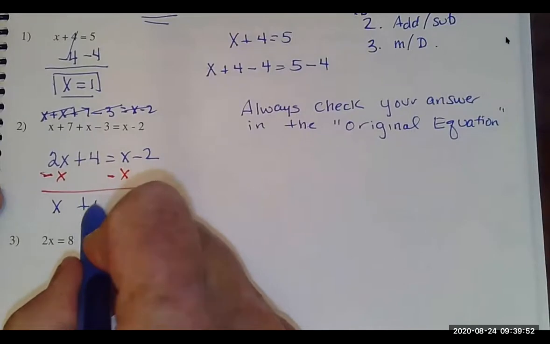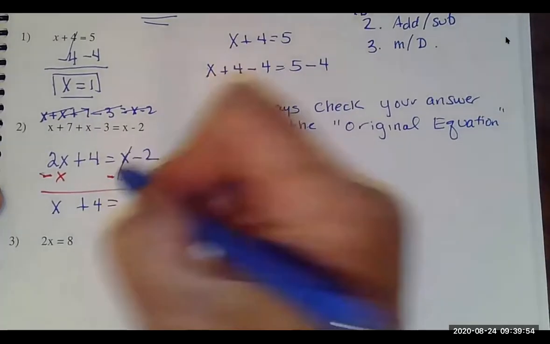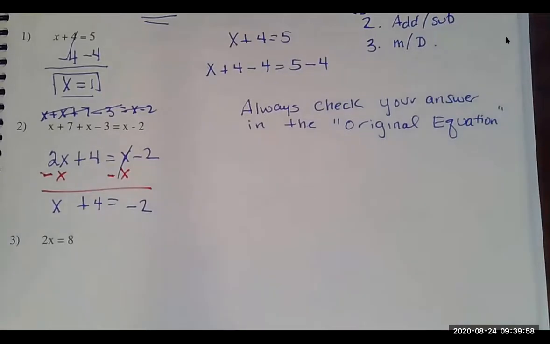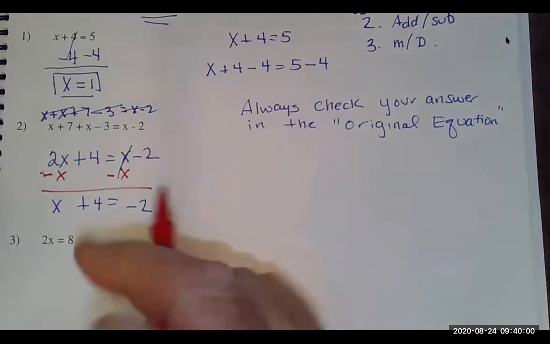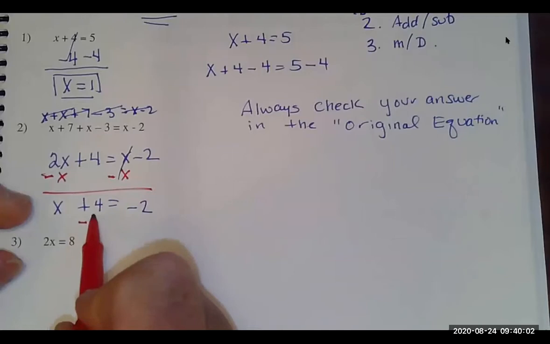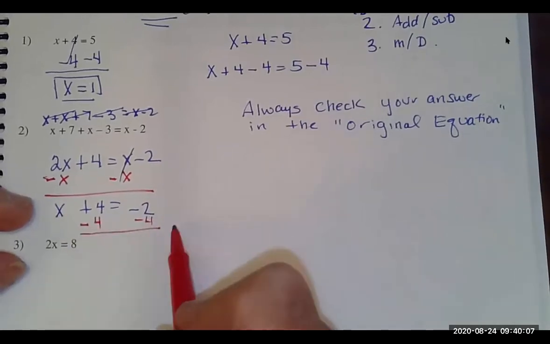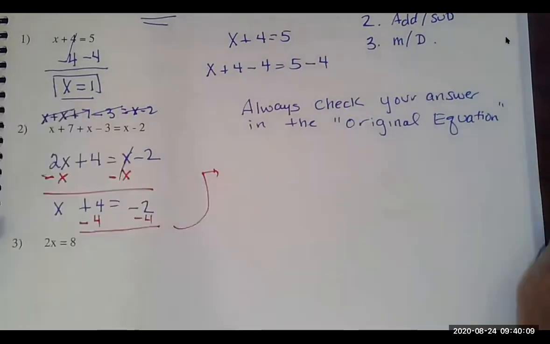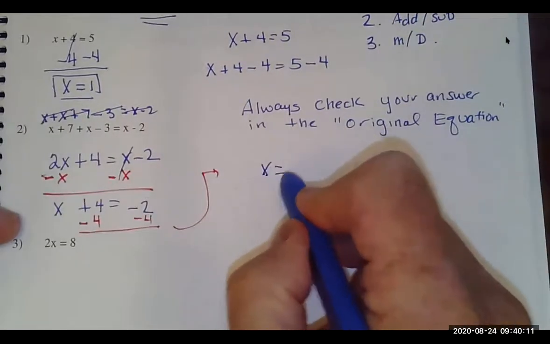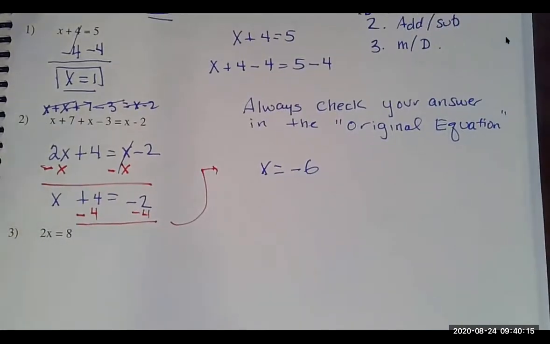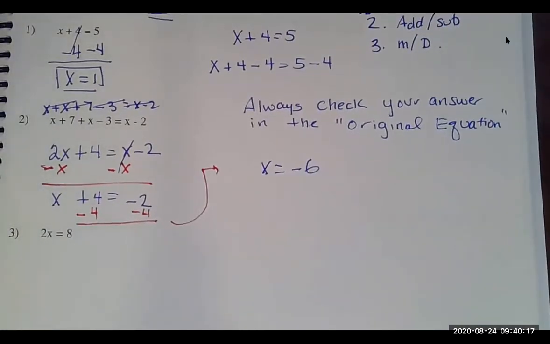And then plus 4 is equal to, well, that's gone. Subtract 2. And then looks like a pretty easy idea for you guys. Subtract 4, subtract 4. And then ultimately you get x equals -6. So it looks like about a 2-step process, maybe 3.